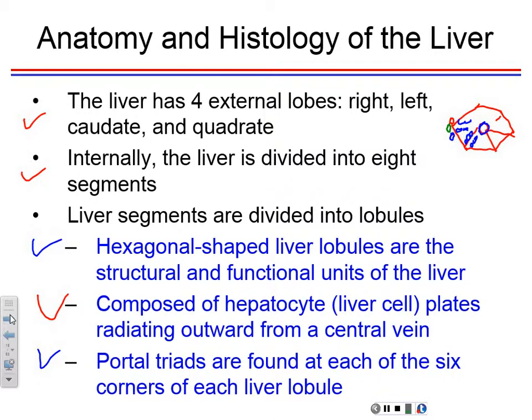So if you were to describe a liver lobule, I might say, okay, describe the functional unit of the liver. So then you talk about the portal triads. Talk about how it's hexagonal, and it's got columns of hepatocytes that are stacked up, divided by these columns, radiating from the center, like that.